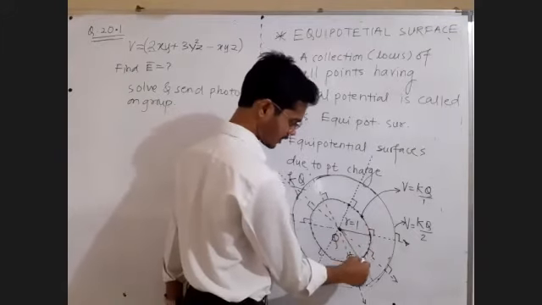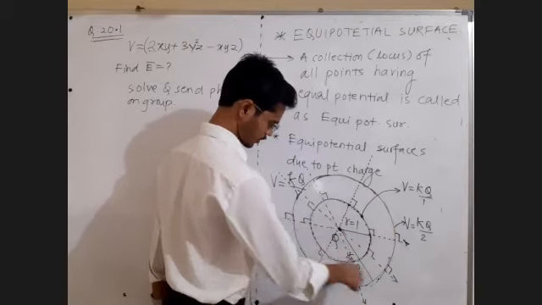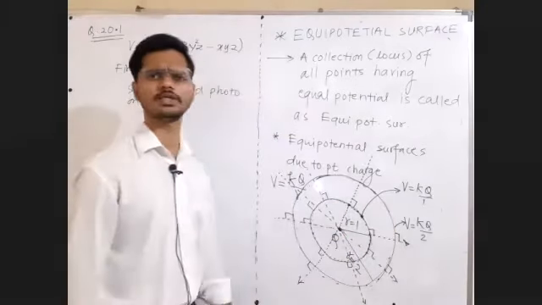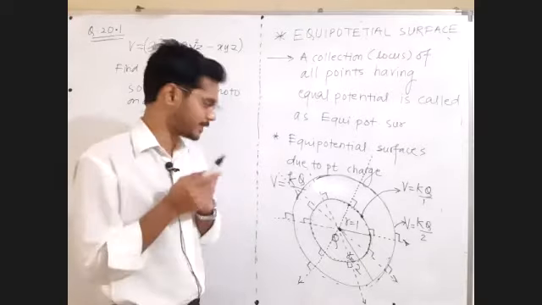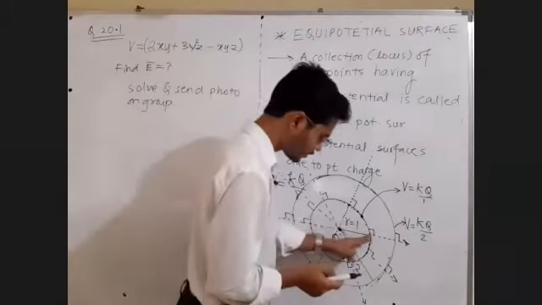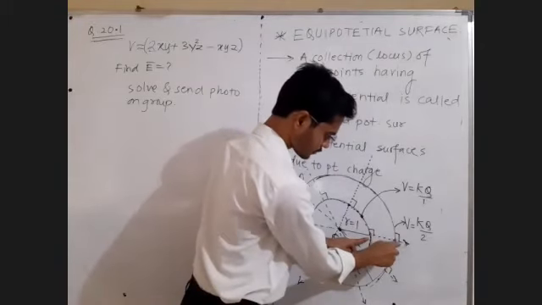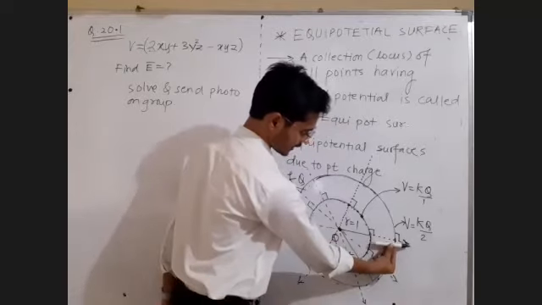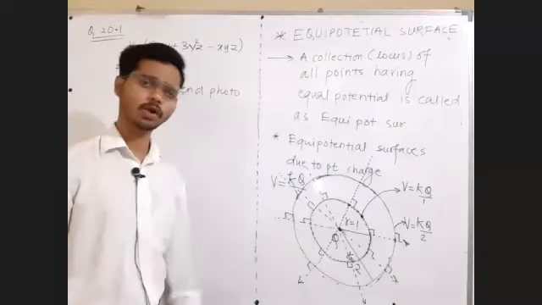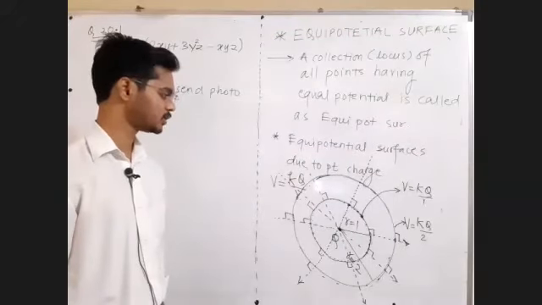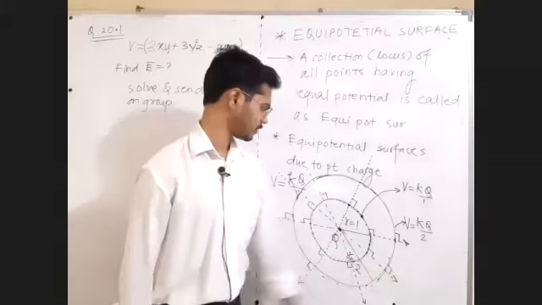Here potential is higher and here potential is lower, and we know that electric field is always directed from higher potential to lower potential. That can be verified here.